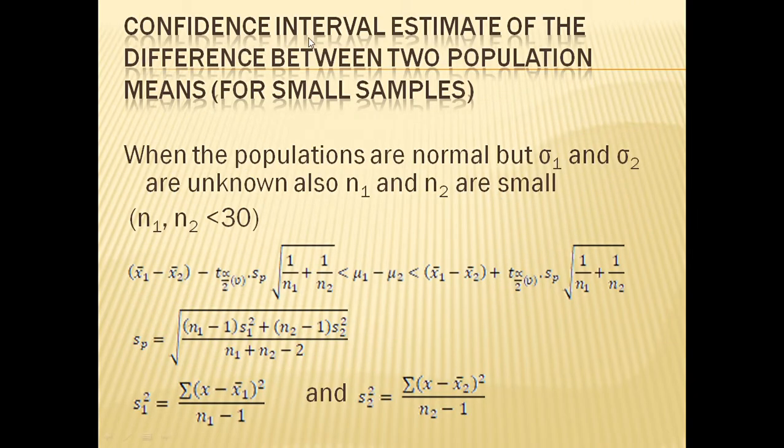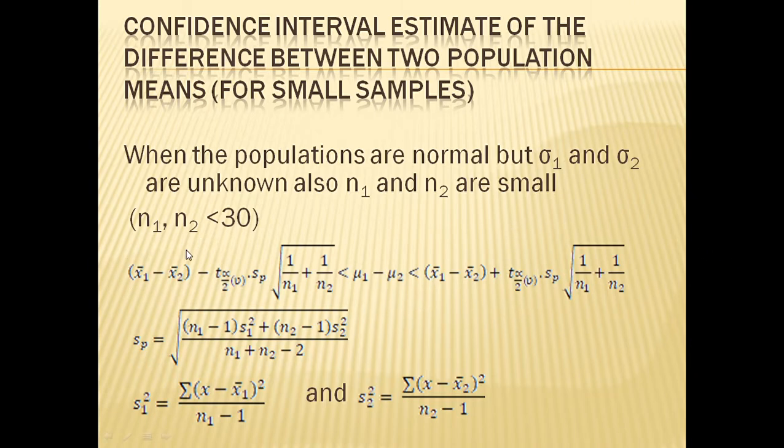Now, the confidence interval estimate of the difference between two population means for small samples. Small samples means that n1 and n2 are less than 30. So when populations are normal but sigma 1 and sigma 2 are unknown to us, or n1 and n2 are small, less than 30, then we use this formula.